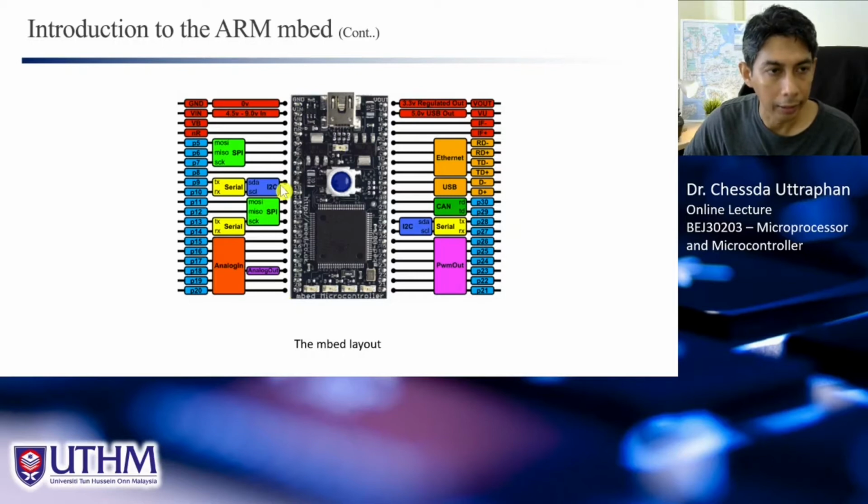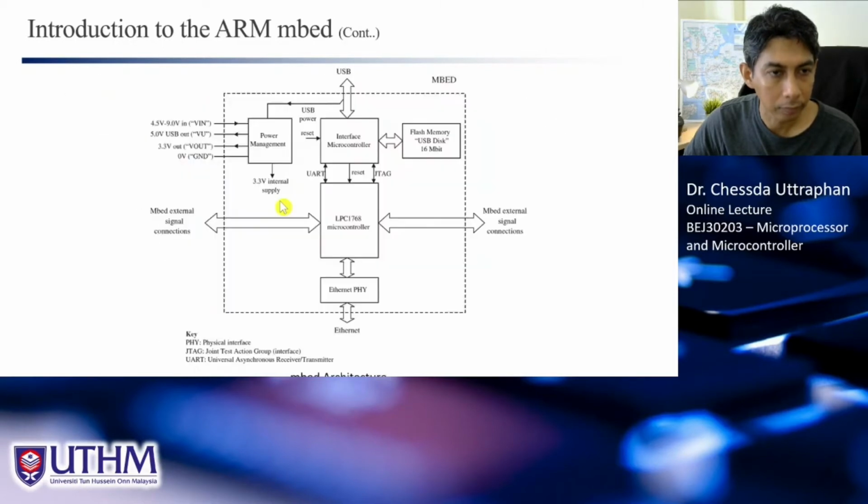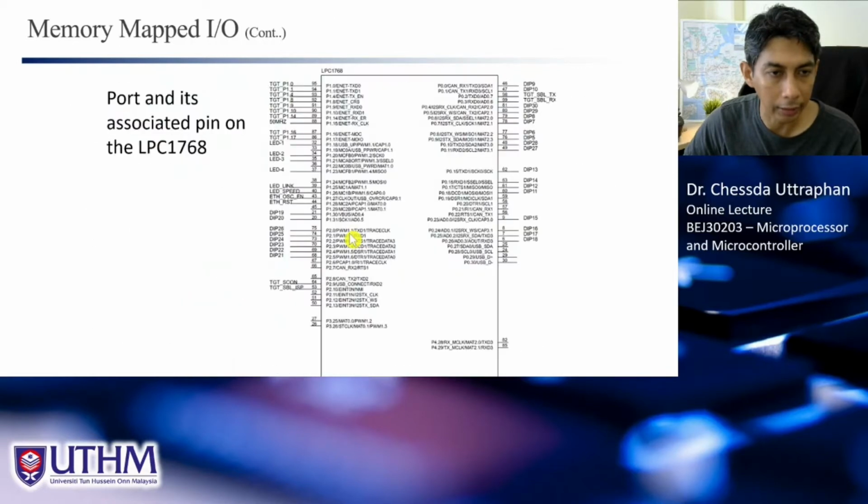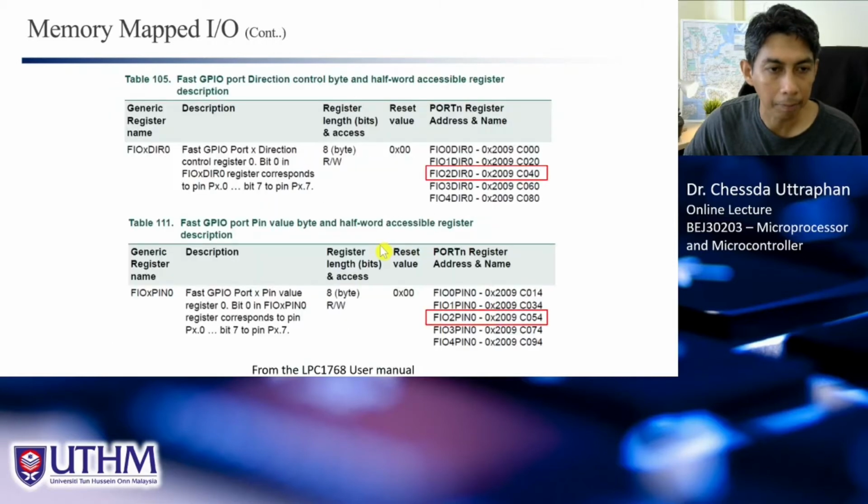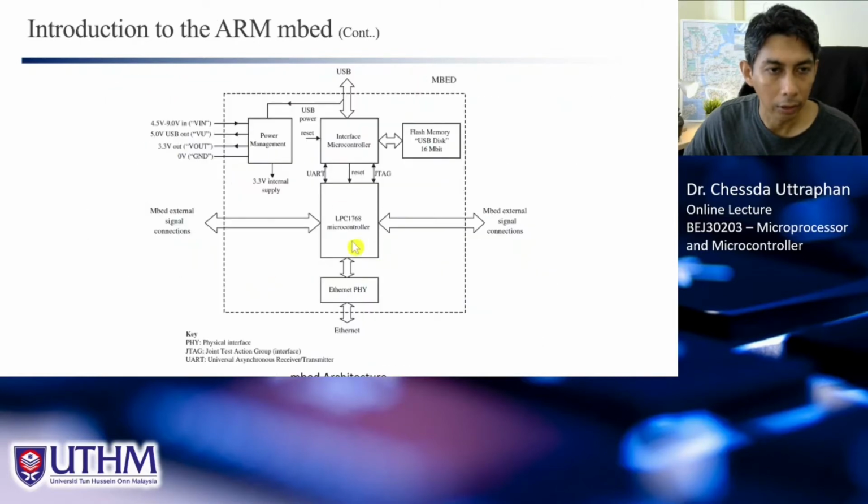And this is the block diagram where this is our microcontroller. This microcontroller is exactly this one, right? So the mbed reuses the microcontroller, with a new connection to the external I/O.